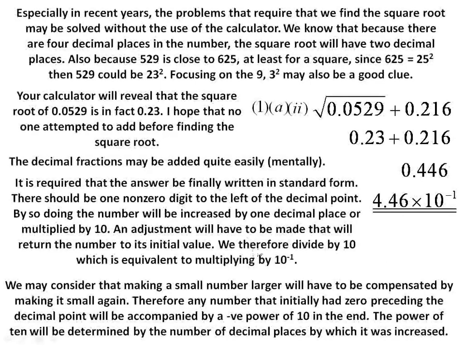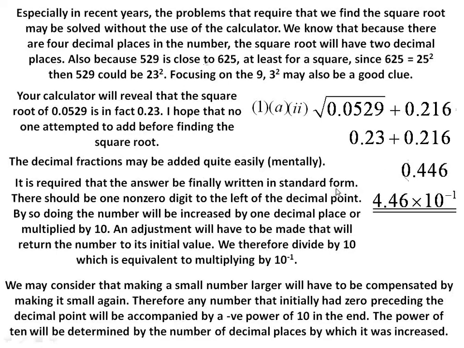Therefore, what we call a small number is a number with no non-zero digit preceding it. Any number that has 0 point something, we will consider that to be a small number. In the end, that number will have to be accompanied by a negative power of 10, because having 0 here means that we can only, by writing it in standard form, increase its value. Therefore, we will have to decrease its value again.